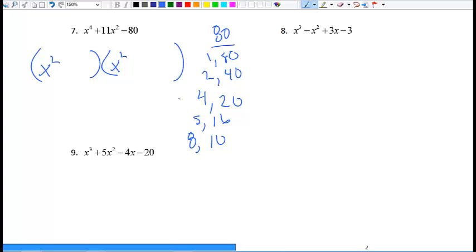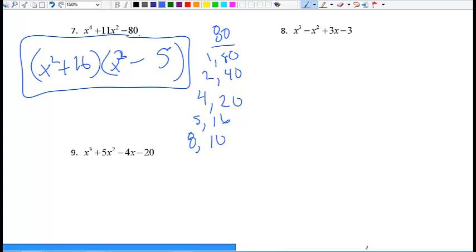Okay, so of this big list, one of these pairs is going to give me an 11. The only way I can see an 11 is the 5 and 16. To get a plus 11, it's got to be a positive 16 and a negative 5. Now, quick point, had it been a negative 16, then we could have done difference of two squares and kept going, but it wasn't, so we stop here.